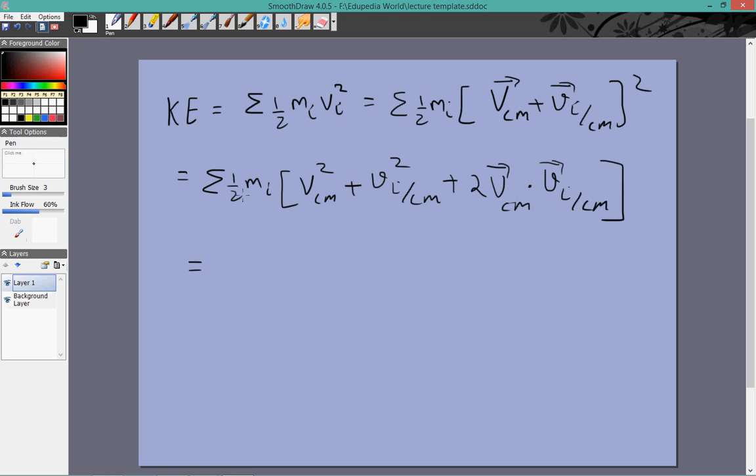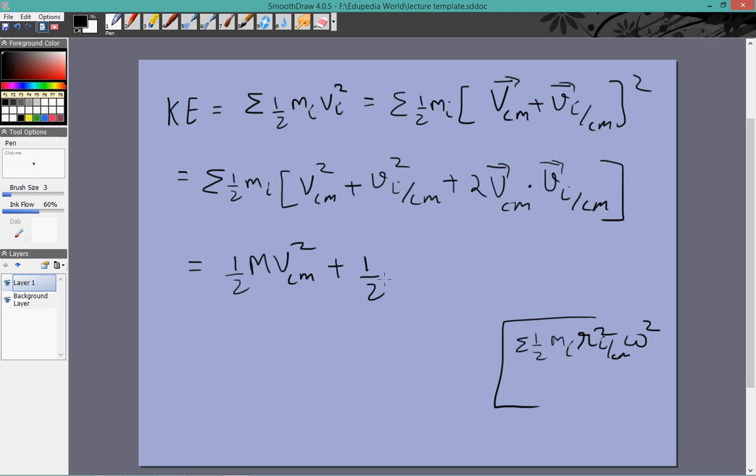Now the first term, summation half mi vcm squared, is half capital M vcm squared because vcm will come out to be constant. The second term we'll have summation half mi, and again vi with respect to cm, I'll write it as ri with respect to cm times omega, right? And we'll square both of them. Omega squared will come out to be constant. Summation mi ri with respect to cm whole squared will be the moment of inertia about the center of mass, right?